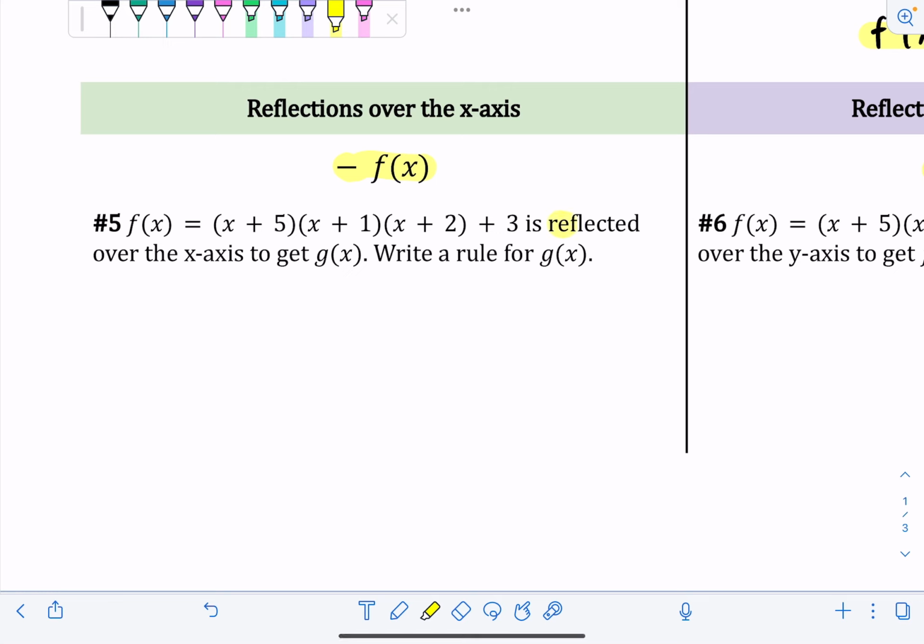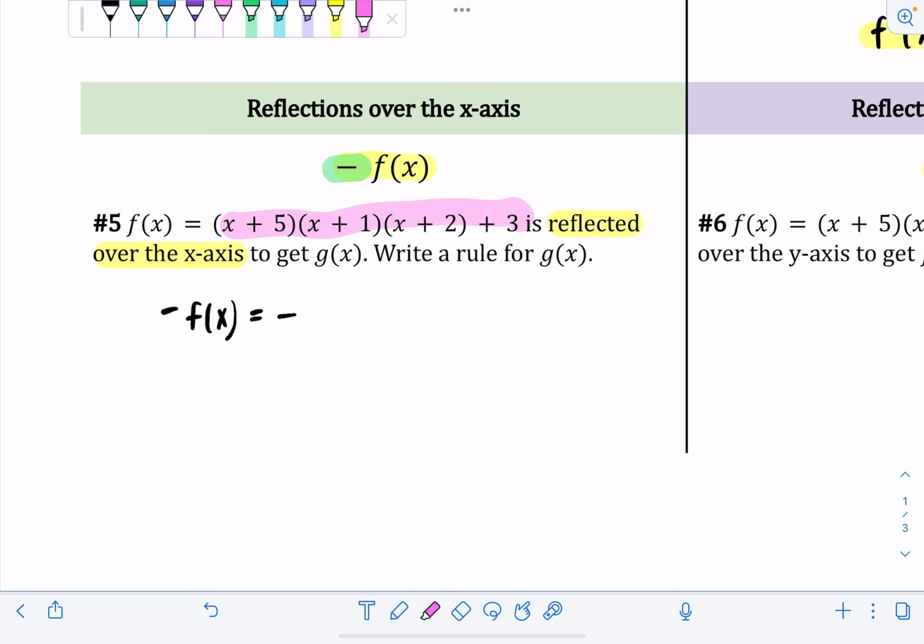So if it's reflected over the x-axis, we just need to know that we need to multiply the entire function by a negative. So that means that I'm going to use the negative f of x formula, and then it's just going to be a negative, and then all of what was originally f of x.